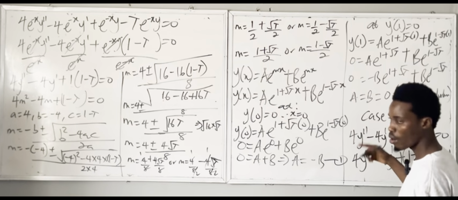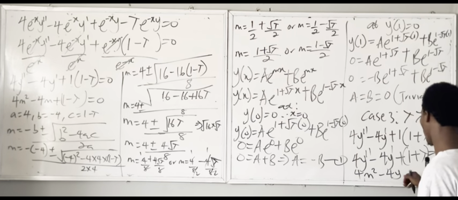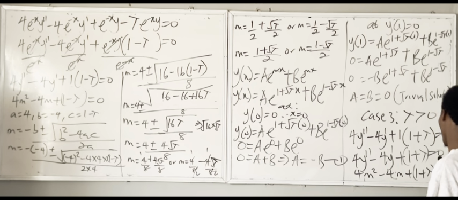You are saying when lambda is negative, I have 1 minus negative, but in this one lambda is positive, that is plus lambda. So from here, 4m square minus 4m plus 1 plus lambda is equal to 0.